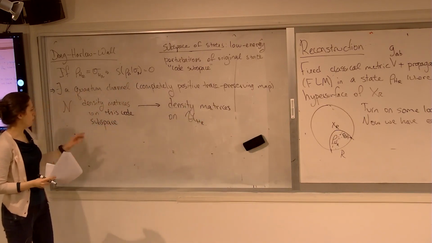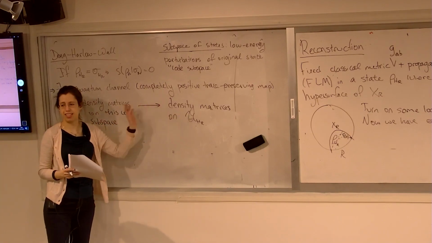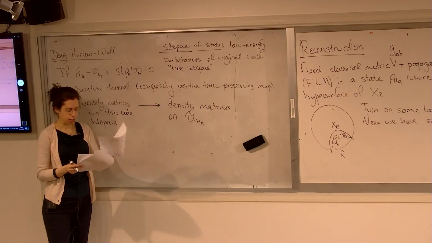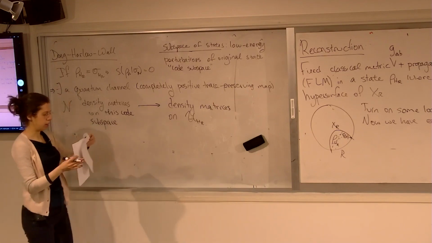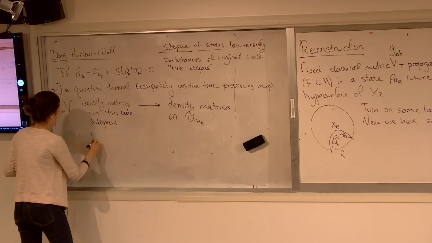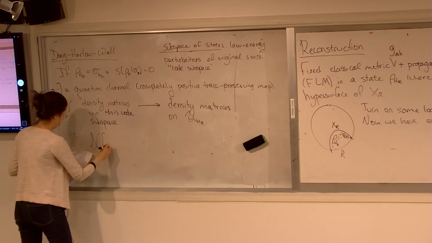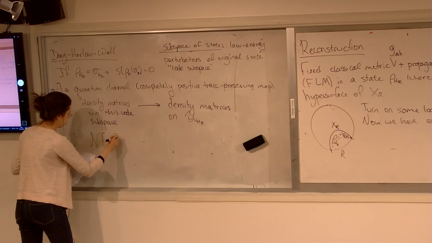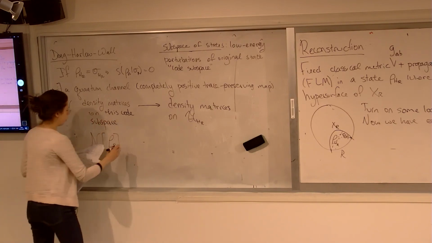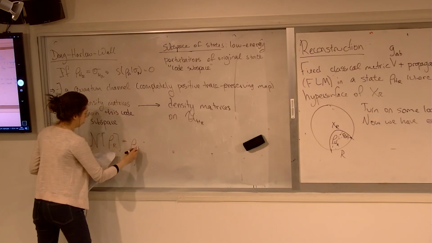So this is essentially a map between the sets of states that we're interested in, in the CFT and in the bulk. And you're guaranteed that there exists a quantum channel like this that, when it acts on rho r, gives you rho hr.